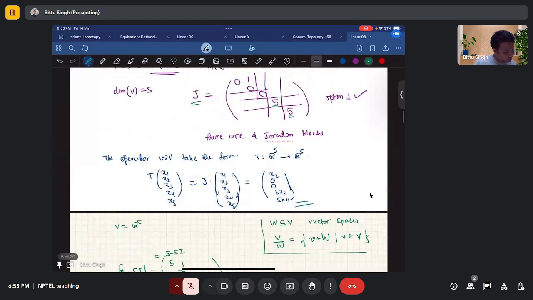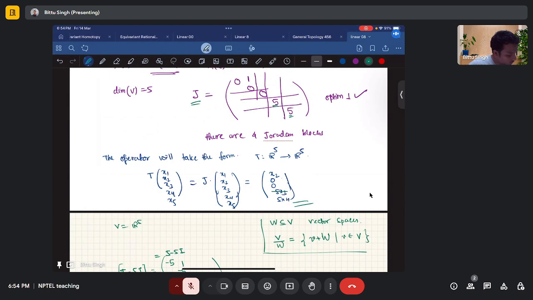We are taking x2, x4, x5, and we just remove x1, x3, right? Sorry, only this will be removed because x3 is 0.